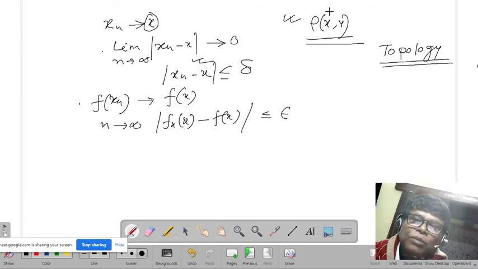Actually this form is nothing but a geometrical form, because this is nothing but the distance between xn and x. So the distance is gradually decreasing, and at the converging point it becomes 0. Here also the distance between fn(x) and f(x) is decreasing.